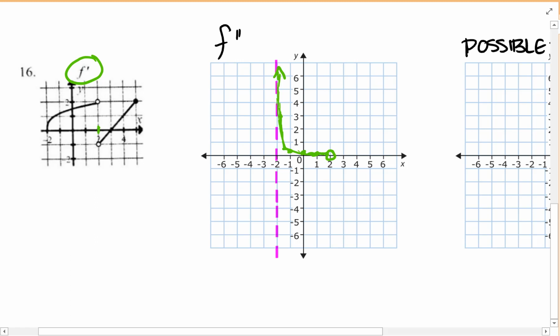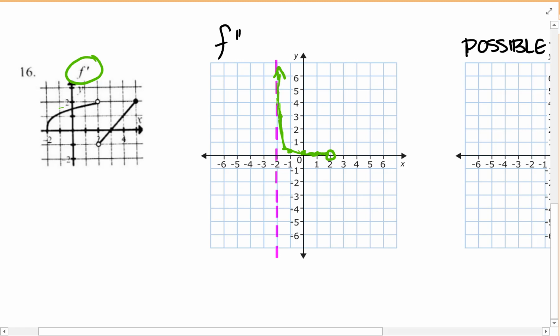If it's approaching this x value, to get a vertical asymptote, we have to have tangents that are getting steeper and steeper, meaning tangents whose slopes are approaching positive infinity and negative infinity. This slope is not approaching positive infinity or negative infinity. The slope at x equals 2 is approaching 0. But at x equals 2, the slope does not exist, so it must be a hole.